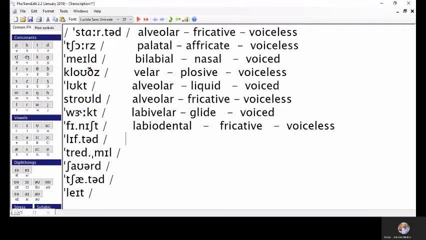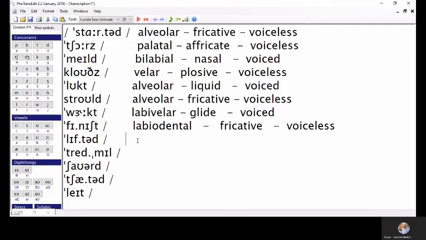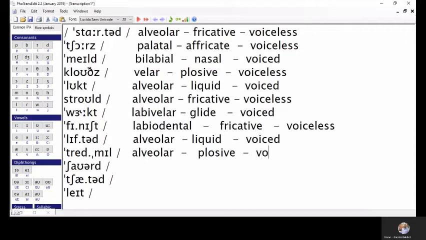In the word lifted, the initial sound was already covered in the verb looked. Then we have treadmill. The initial sound is an alveolar consonant sound. It's plosive and voiceless. In the following word, showered, we have a post-alveolar consonant sound. Some authors call it palatal as well.